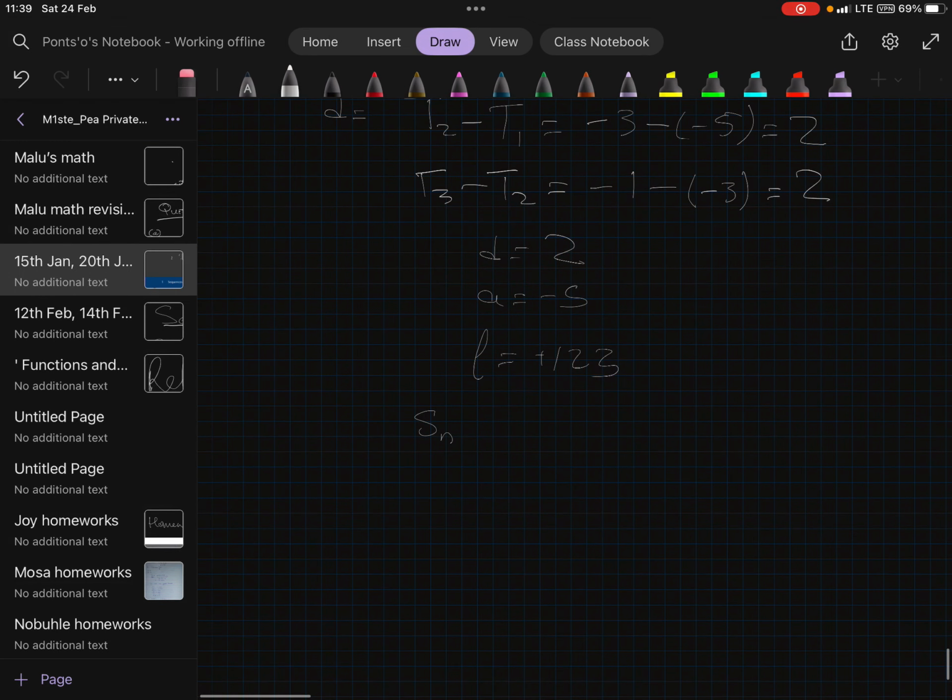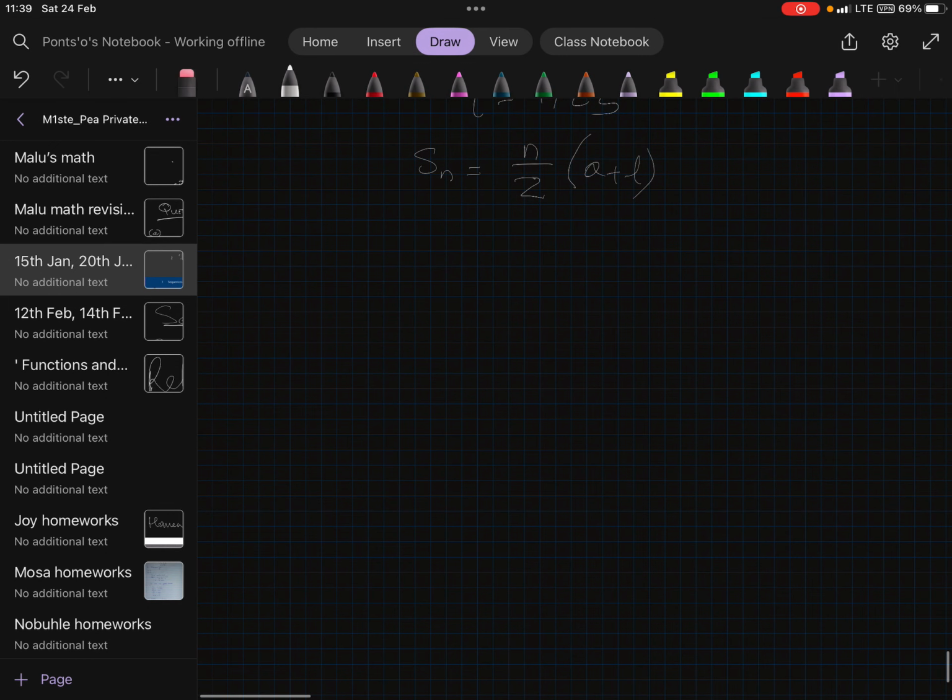So we can use the sum to the nth term, n over 2 into a plus the last term, right? But we don't know what n is, so we'll need to determine that.